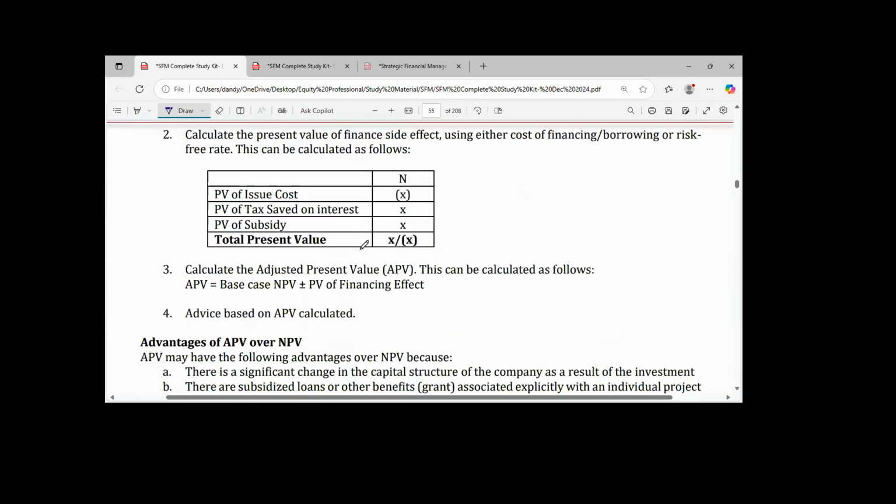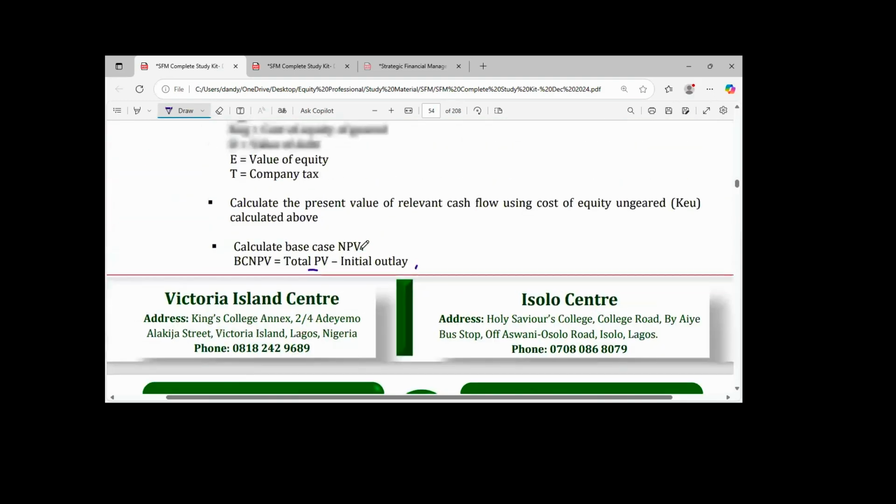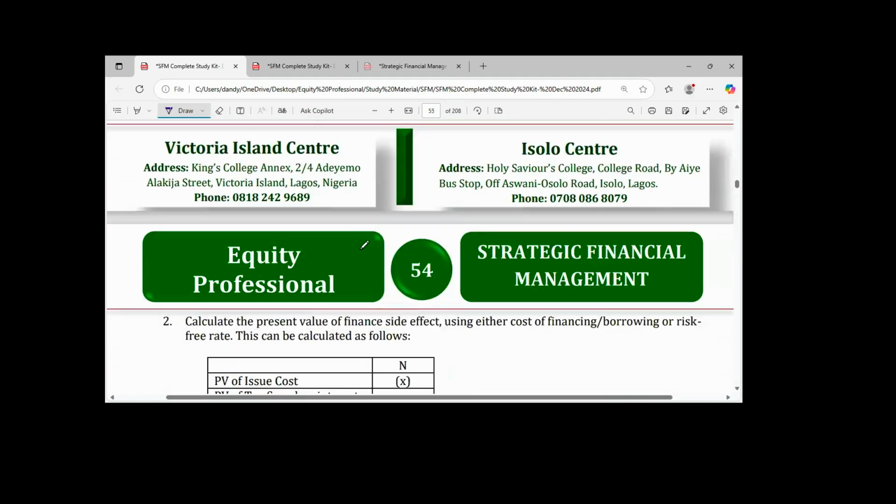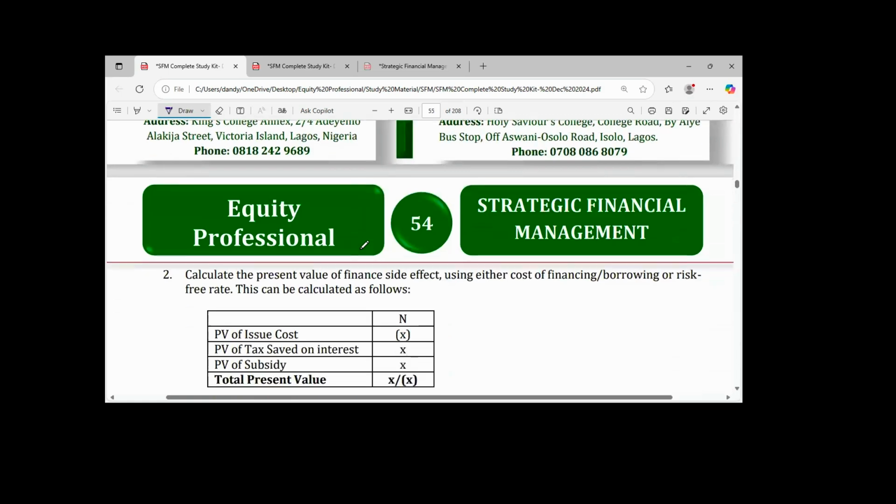Then let's move to present value of financing effect cash flow. Whenever you want to calculate present value of financing effects, there are some preliminary steps that you are supposed to take.